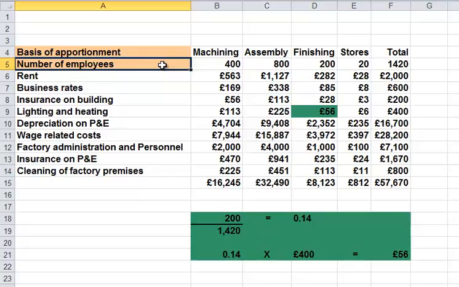The rent has to be paid, and how it's apportioned is a management decision. It could be done on the basis of employees, the area. It can be done on many different bases, but we've just picked two to illustrate it here. So that's the basis for apportionment. That's how costs may be apportioned.